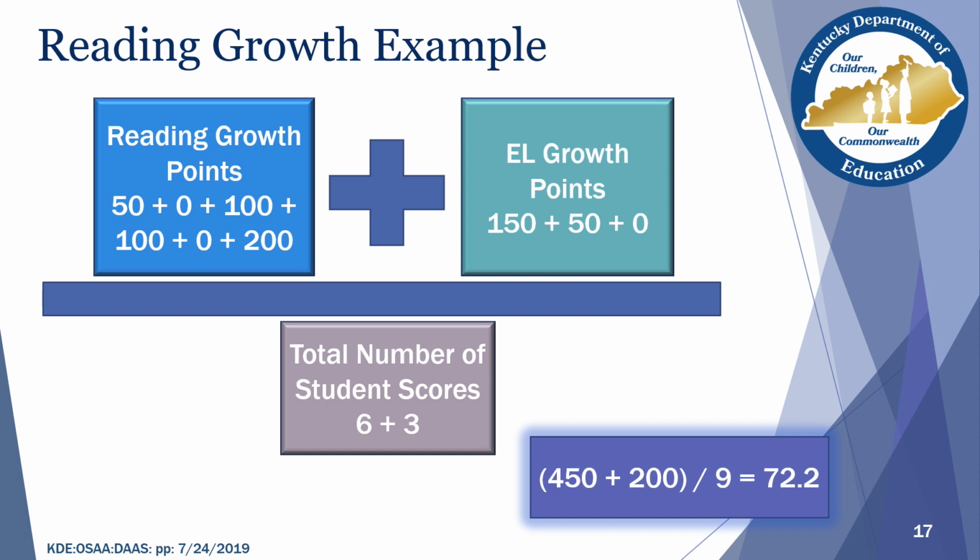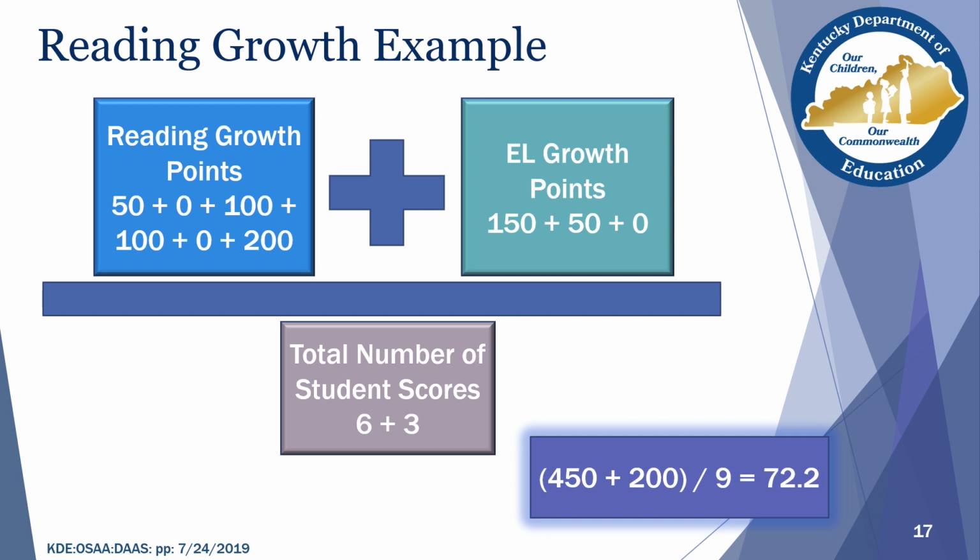Of these students, 3 are English Learner or EL students. They also took the WIDA Access for ELs exam. Using the growth value table, the students earned 150, 50, and 0 points. When we add both point sets together, we have 450 plus 200 for 650 points. Let's move on to the denominator.